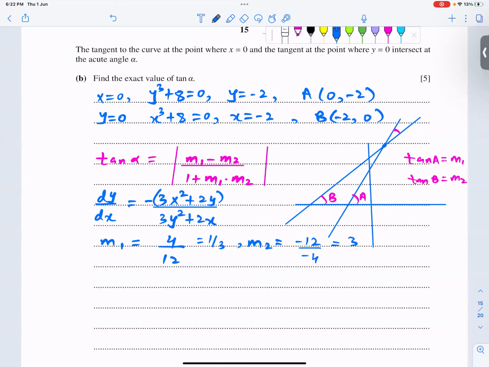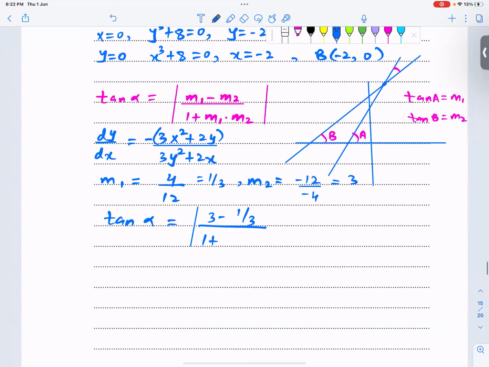Use these values of m1 and m2 in our formula. tan alpha = (3 − 1/3) / (1 + 3 × 1/3). The numerator will be 8/3, divided by 2.